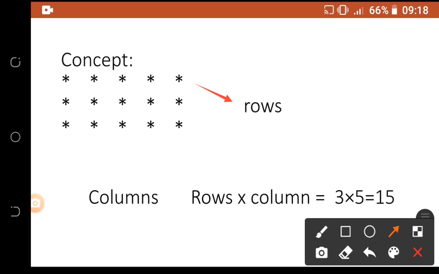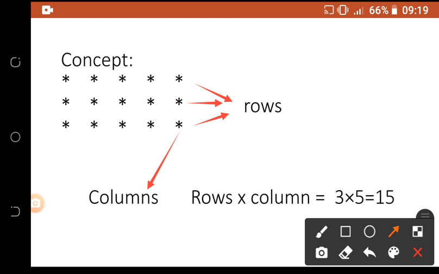The first horizontal line, the second one, and the third one. These 3 lines are horizontal and they contain 5 stars each. So these lines are called rows. Each of them is a row. So there are a total of 3 rows in this arrangement.